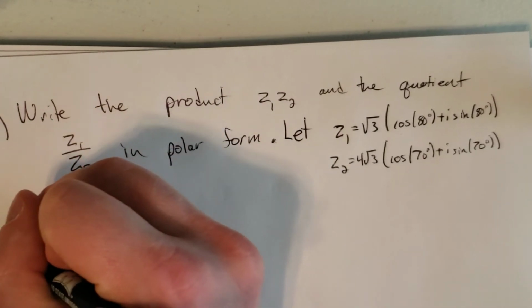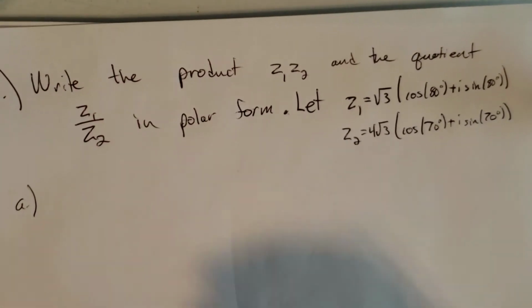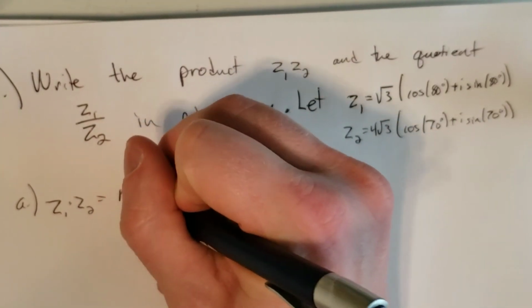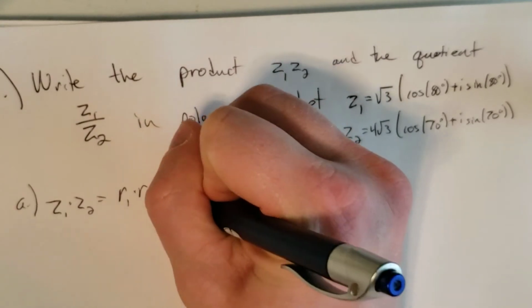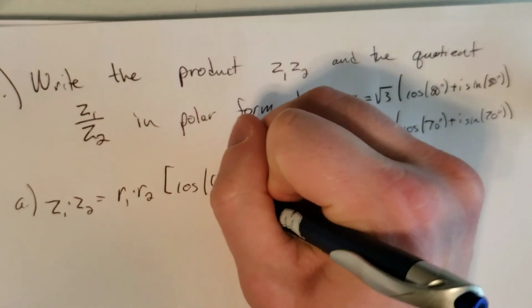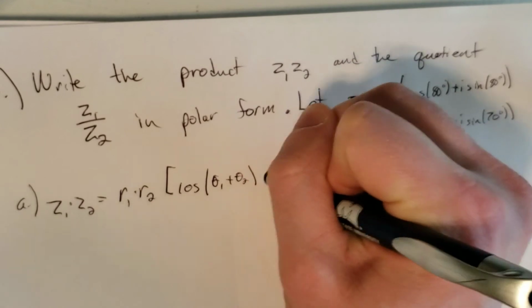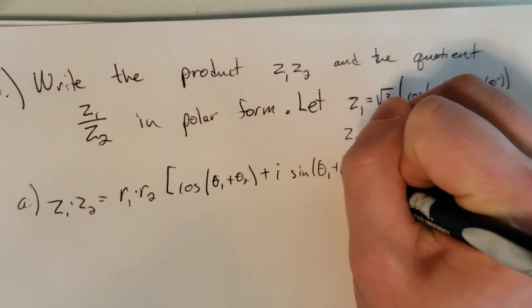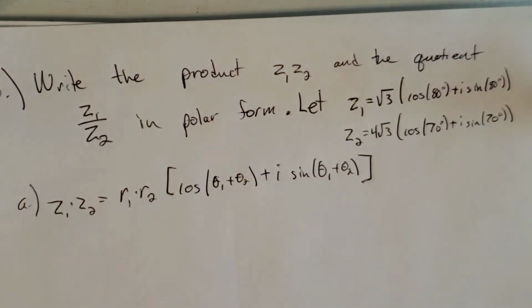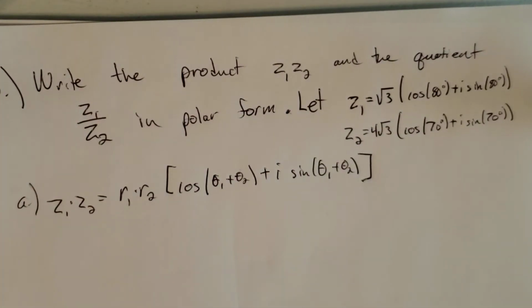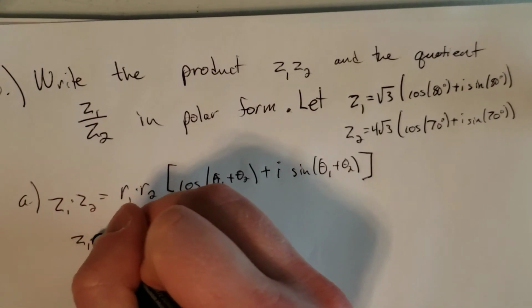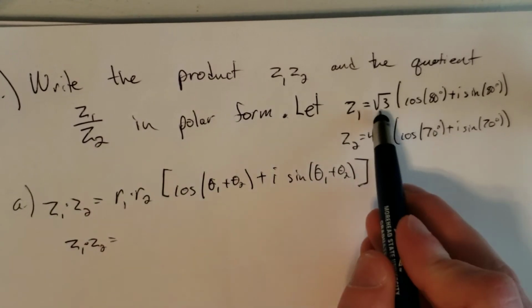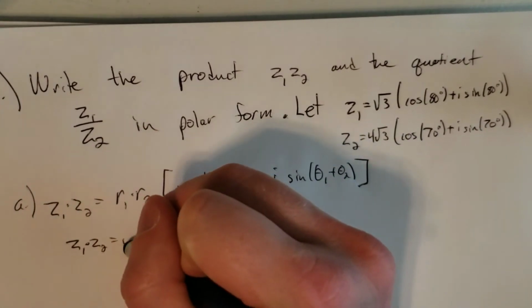So for the first part here, part A, where we do the product, z1 times z2 is equal to r1 times r2 times cosine of theta 1 plus theta 2 plus i sine of theta 1 plus theta 2. And so for our problem, z1 times z2 is r1 times r2. Well, that was square root of 3 times 4 square root of 3.